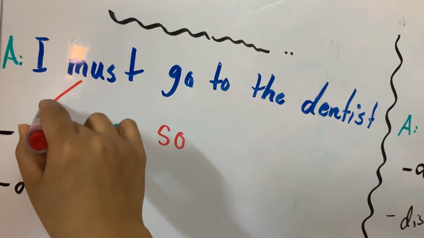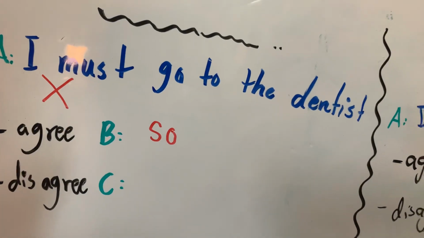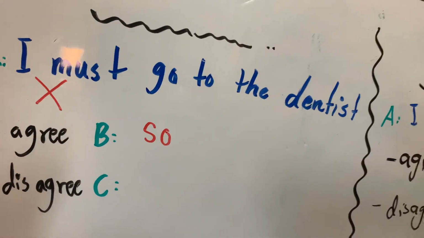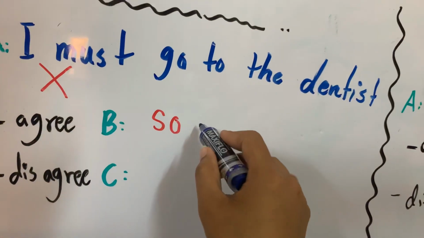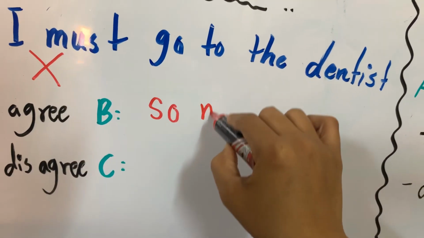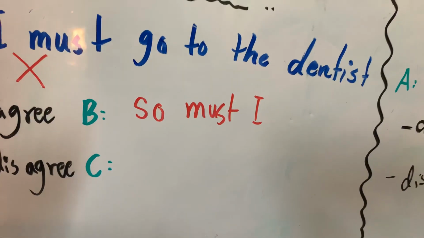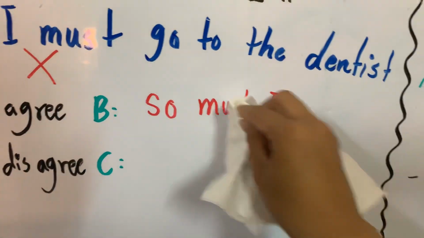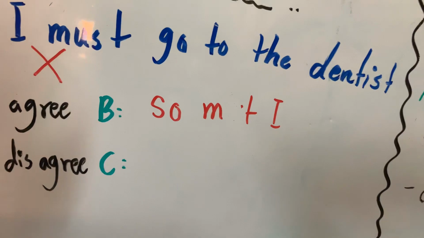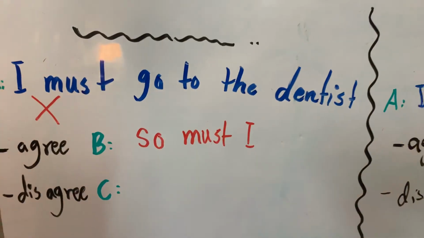Just exchange the subject with the helping verb. Exchange them. So, must I. Okay? So must I.